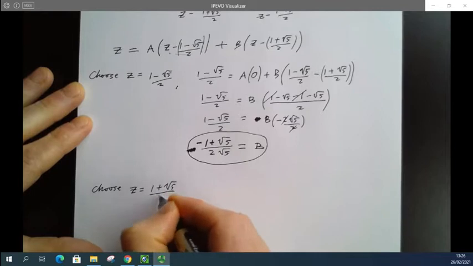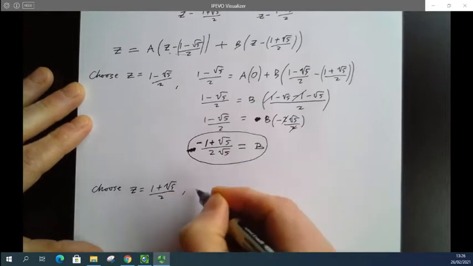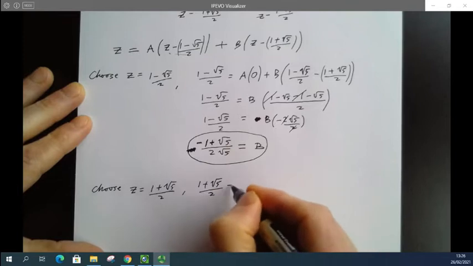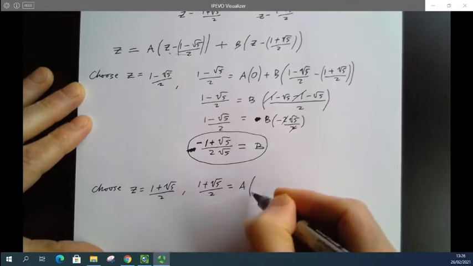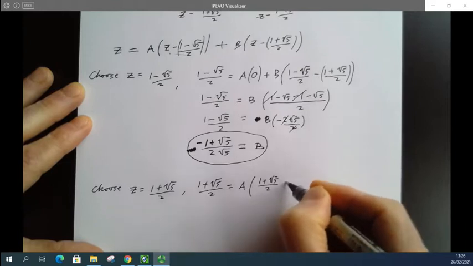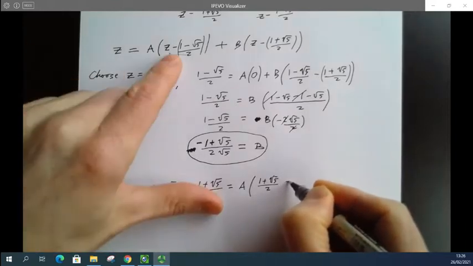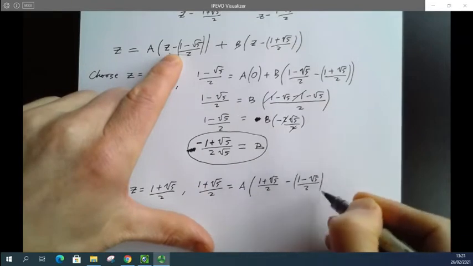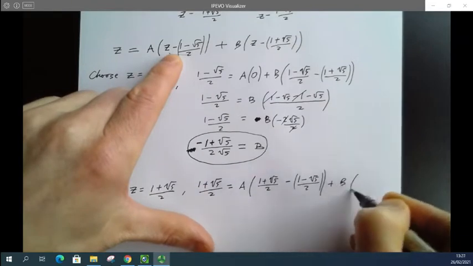I'm basically doing the same thing again. So the left hand side will be 1 plus root 5 over 2, equal to a times 1 plus root 5 over 2 minus 1 minus root 5 over 2, plus b times 0.